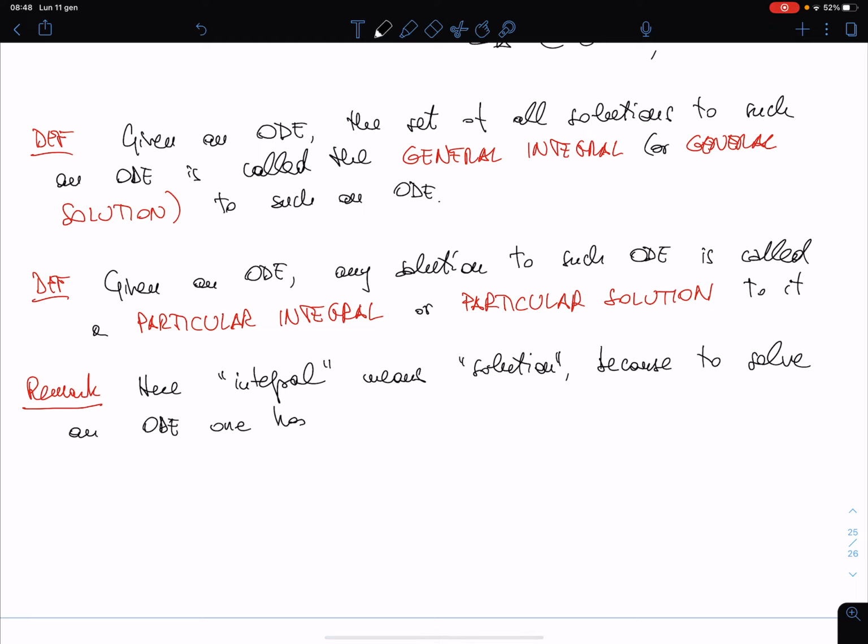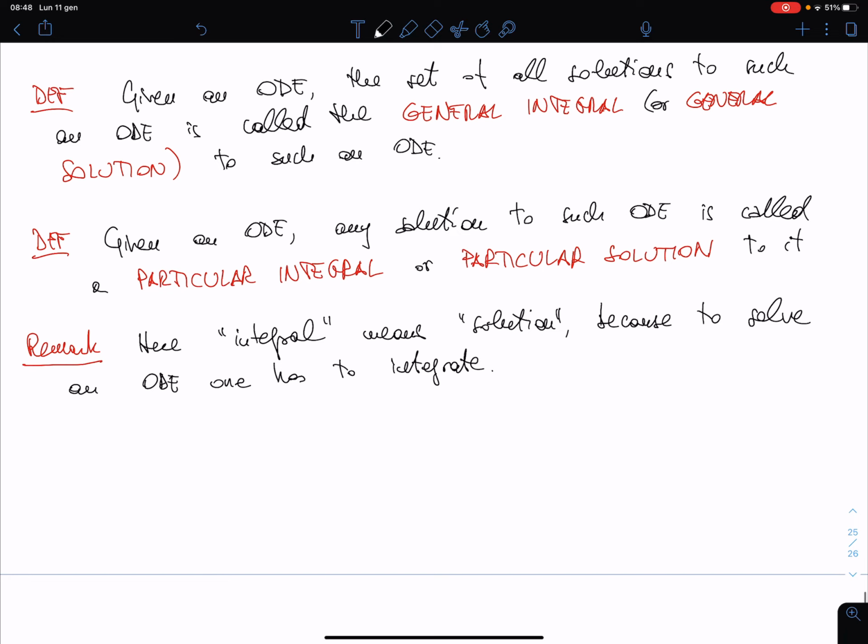One has to integrate one or more times. And moreover, what is the particularity of a particular solution? No particularity. A particular solution has nothing particular. Particular means specific. One solution.